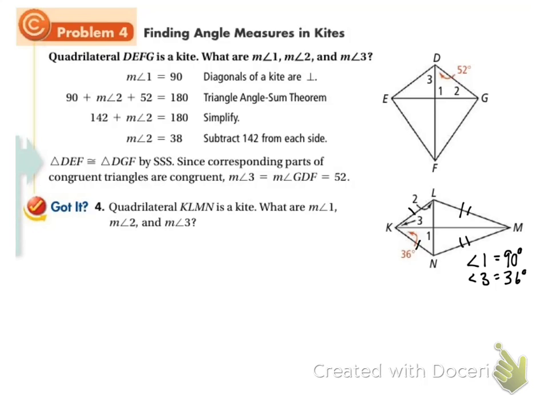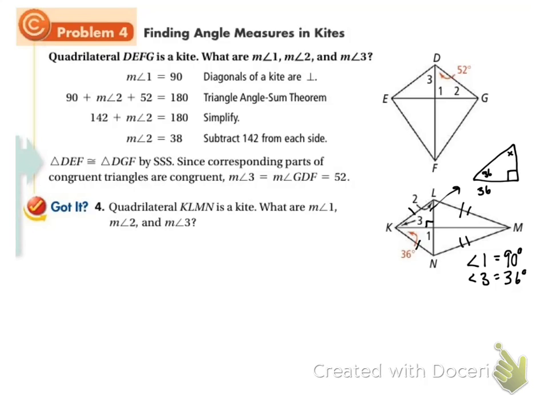And we also know by the theorem we just looked at that this is also a 90-degree angle. So this triangle then looks like this. That's 90. We said that angle 3 is 36 degrees. And I don't know what angle 2 is. But I do know that angles inside of a triangle add up to 180.